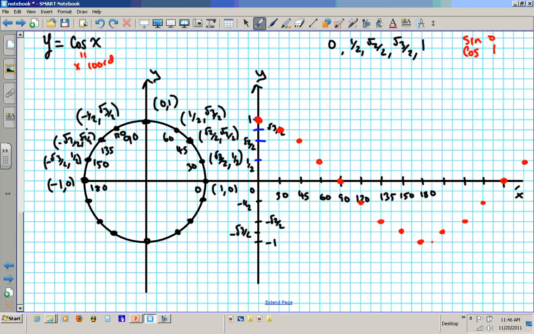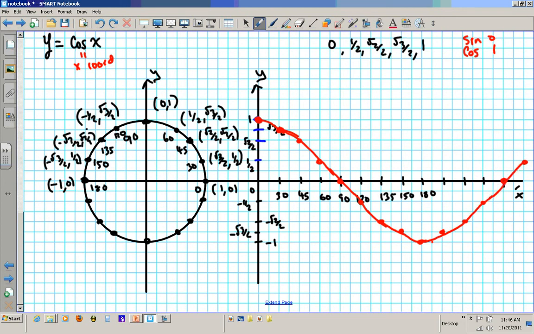Okay, so let's connect the dots to generate our cosine graph. So our cosine graph is going to curve like this, connecting that dot. Try it as best as you can. To there, to there, boom.